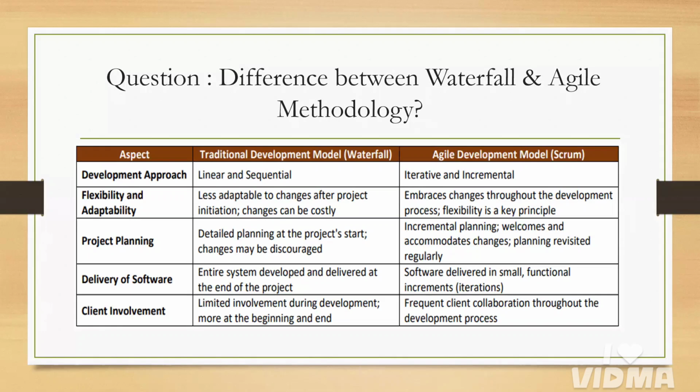Okay, and client involvement. It will be limited involvement of the client in the waterfall model, because only after completing all the phases will we hand over the project. Whereas in this, we will be using sprints, so every 2 to 3 weeks the client will be involved, and it will be flexible for him, and we can collaborate with him and get the feedbacks from him.